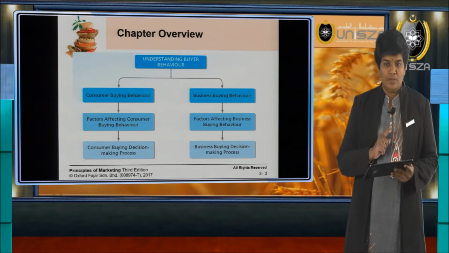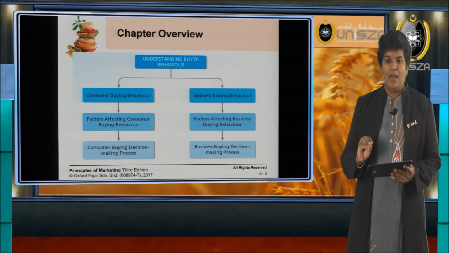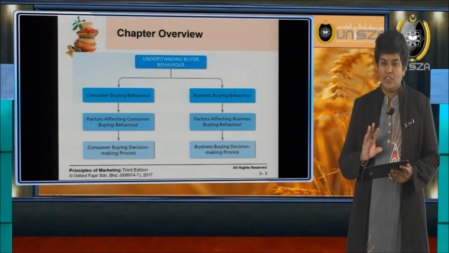Consumers normally purchase in small quantities, an individual purchasing process, whereas B to B purchases are in the millions of dollars, millions of ringgit in Malaysia. So these are two totally different groups.